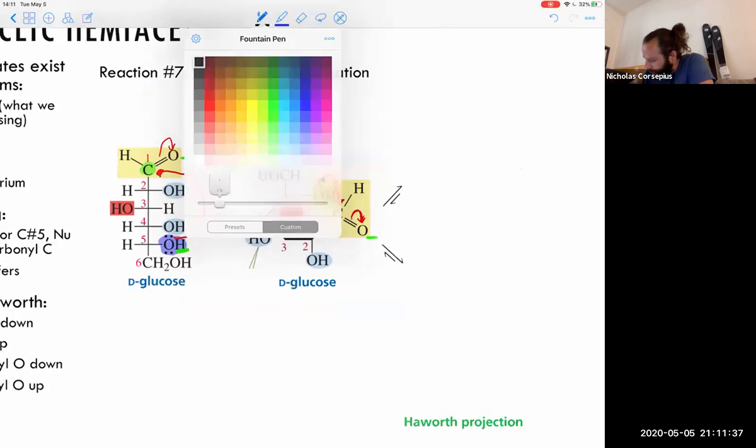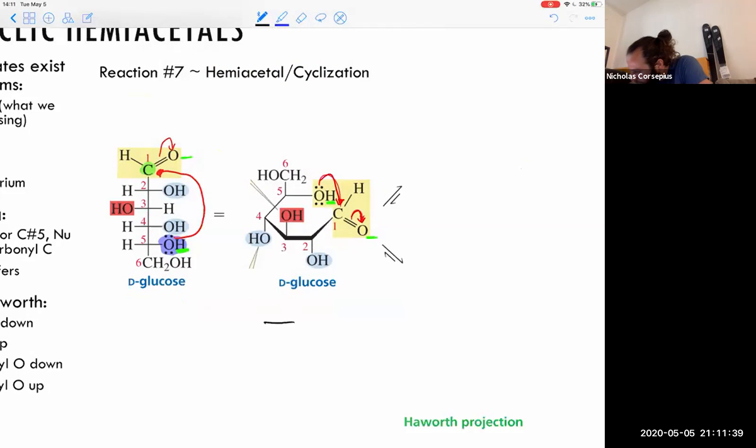If we want to see, let me just do this more explicitly. Don't worry about the color coding for right now. I'll explain what that means more in a second. But here, ignoring all these various R groups that I'm not paying attention to right now, you would have a protonated oxygen that is now a part of the ring, right?